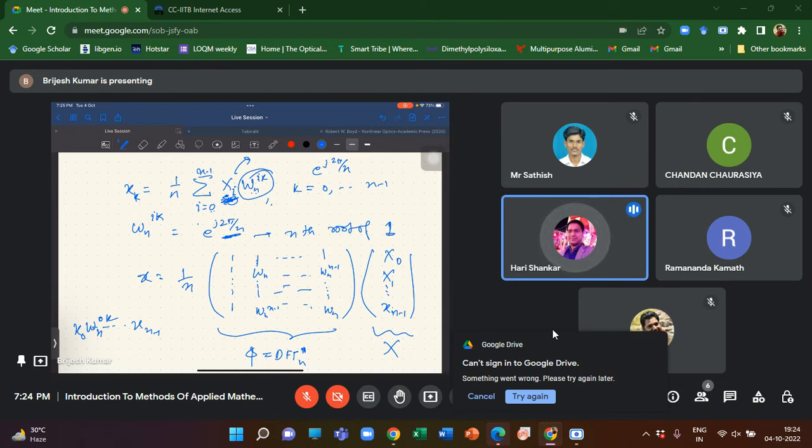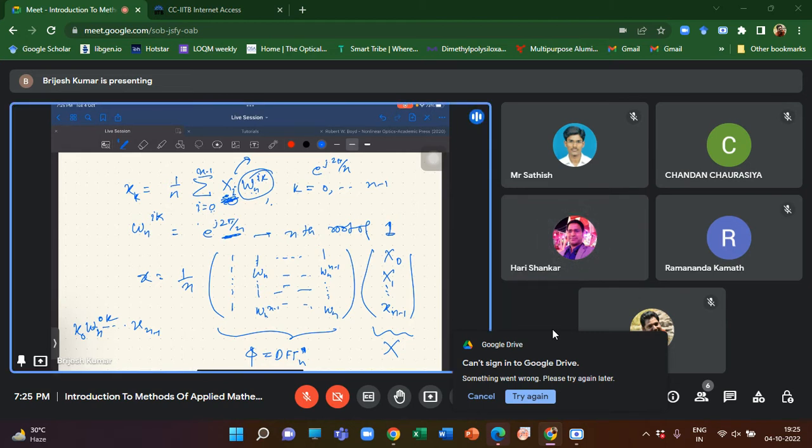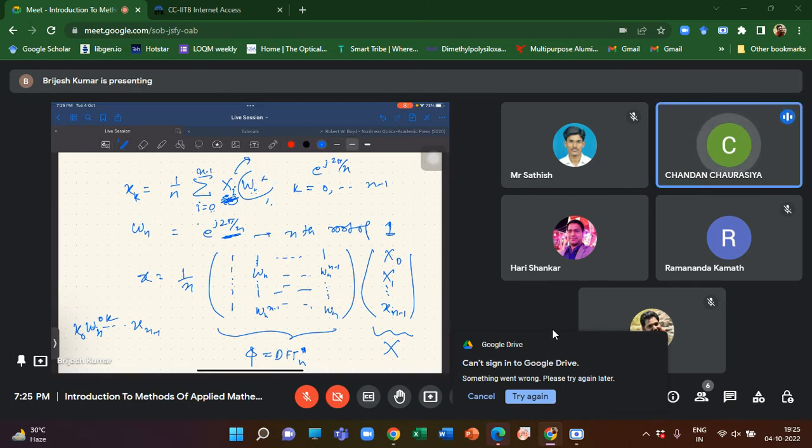This w ik is equal to, sorry, this is wn only. Sir, first we fix k equal to 0, then we expand i equal to 0 to n minus 1. The next 0 can be written in the first column.